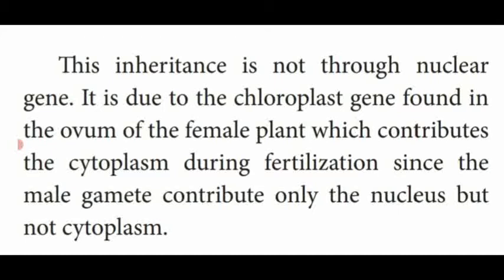This kind of inheritance is not possible in nuclear chromosomal inheritance, but it takes place through the chloroplast gene found in the ovum of the female plant, which contributes the cytoplasm during fertilization, since the male gamete contributes only the nucleus but not the cytoplasm.